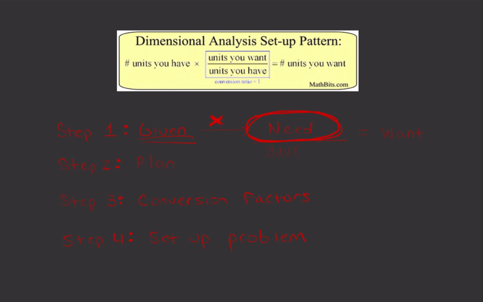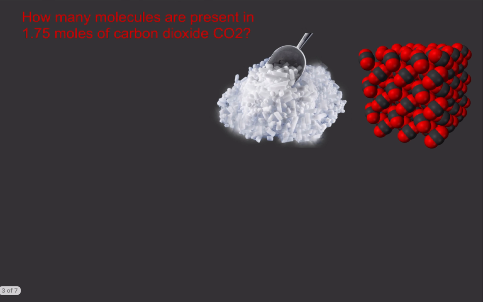The need would go on the top, and at the bottom is what you have, correct? It'll make more sense as we go through these 3 practice problems. Next, you want to plan it out, or in other words, set it up. Then you have conversion factors, and then finally set up the problem, right? So let me go into this first example so we can see what I'm talking about.